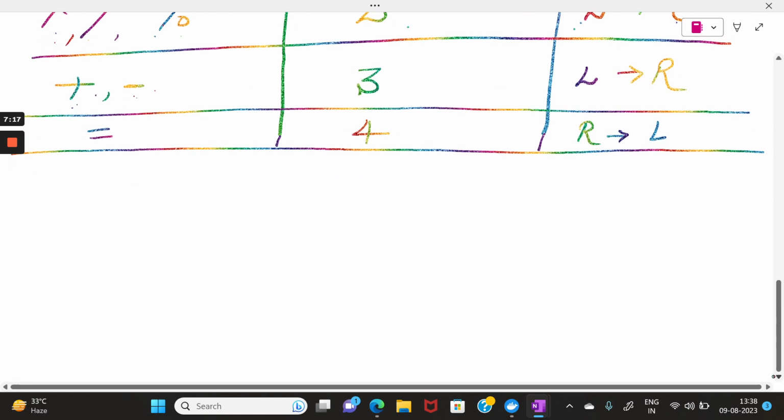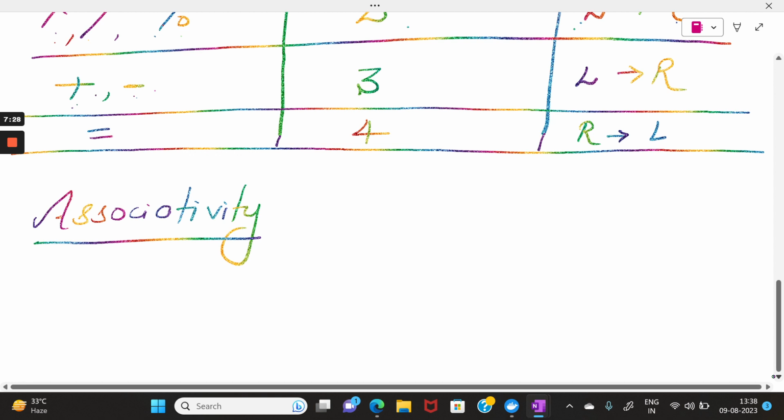Now, what I have written, I'll explain it here. Before that, I would like to tell you something about associativity. Precedence, we all know, is related to BODMAS that we use for simple mathematical computation.